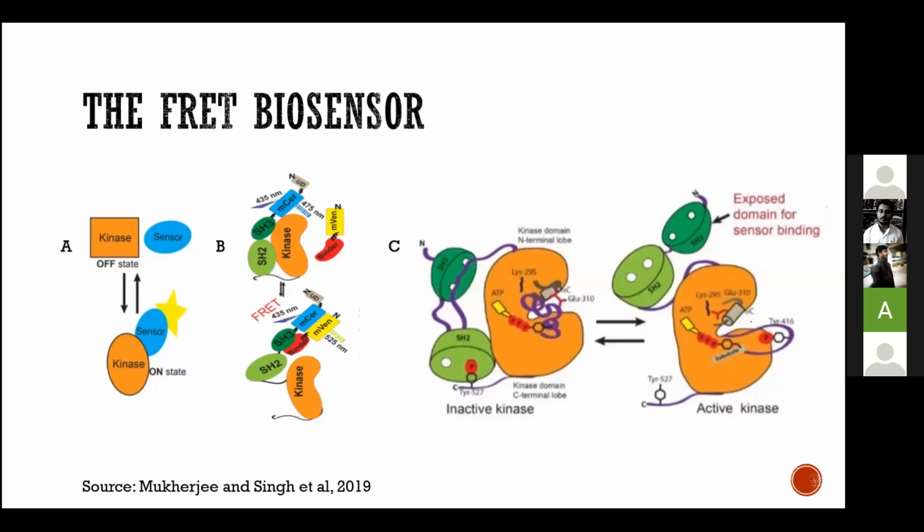So when this binder is attaching to SH3, that criterion is met, and when you illuminate it at 473 nanometer, what you see is an emission at 525 nanometer. So this was the biosensor which was made in our lab. And on the right side, obviously you again see an inactive kinase or an active kinase.